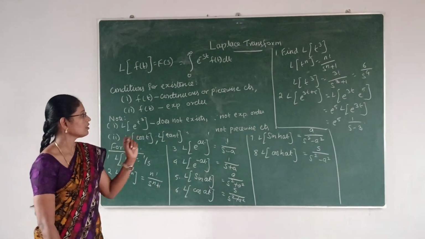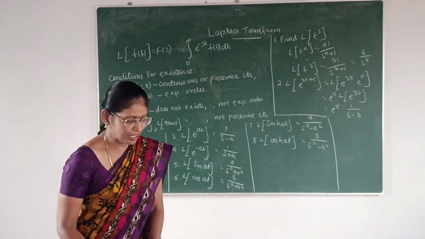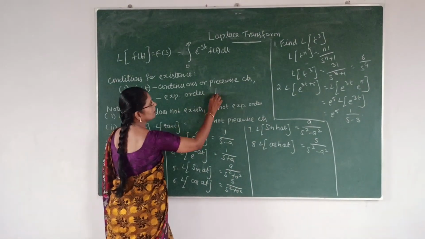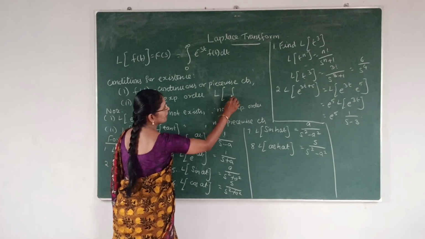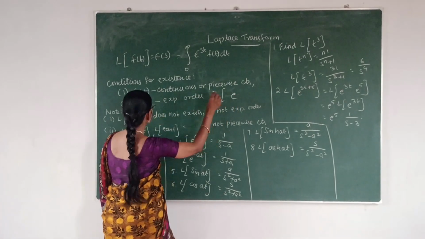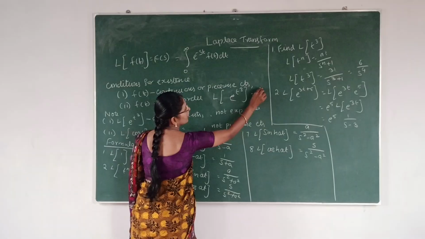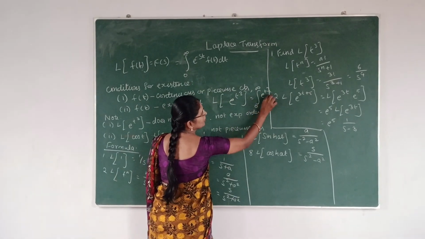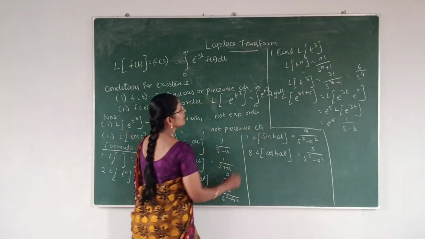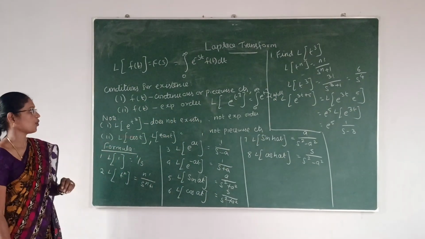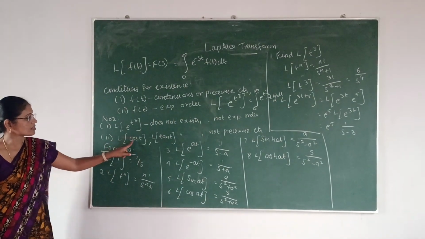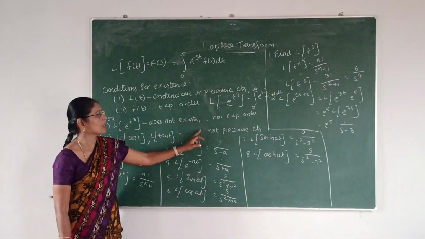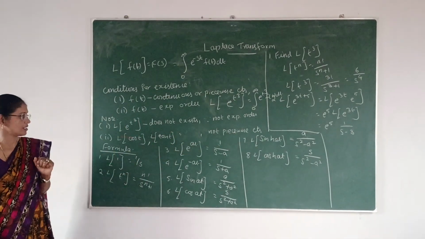If you apply the formula, integral 0 to infinity e power minus st into e power t cube dt, the exponential order does not hold. Similarly, for cos t and tan t, the Laplace transform does not exist because they are not piecewise continuous.